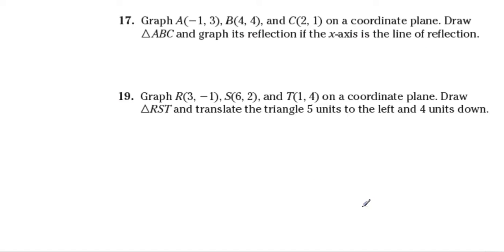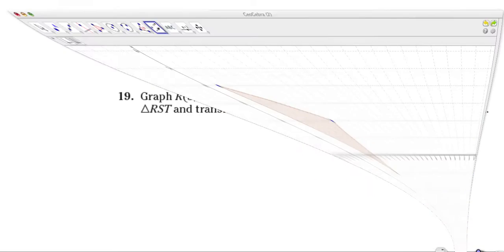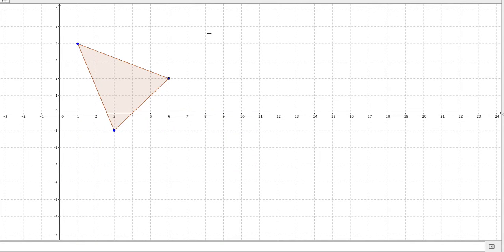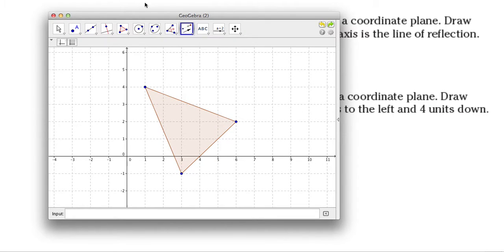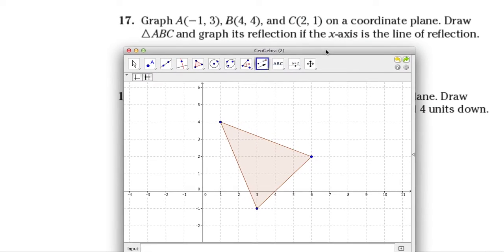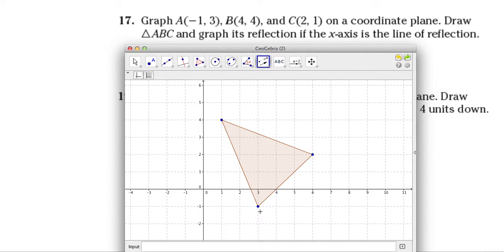Okay, so I did this already, and this is number 17 right here. That is the triangle that was formed by the three vertices given. These vertices were, let's put this down a little bit, negative 1, 3, which is A. I'll put A here.